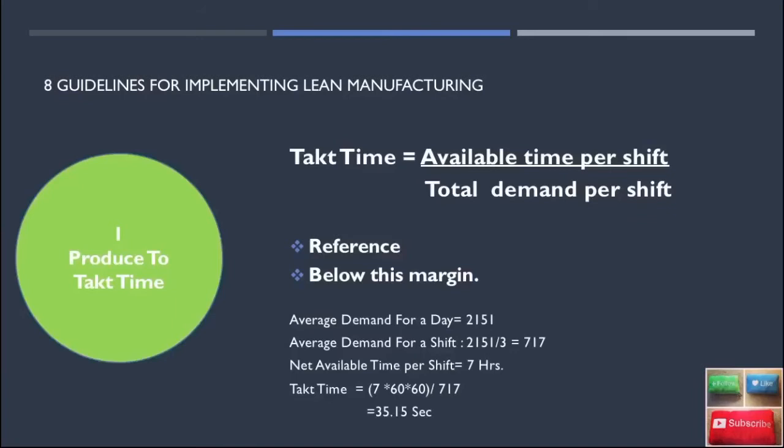So your takt time will be 7 into 60 into 60, converting into seconds, divided by 717 demand per shift. You will have 35.15 seconds. It means every product needs to be produced within 35.15 seconds. So this is a reference time. Your first step is to find the takt time for your production line.